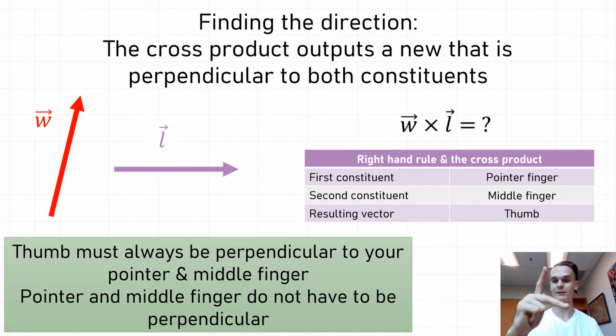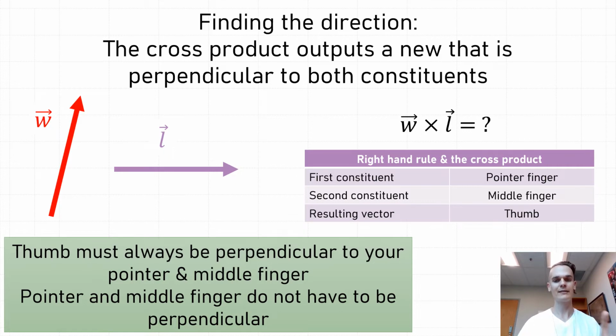We place our second constituent on our middle finger. So we place vector L on our middle finger. And the resulting vector, the output of our cross product, is going to go on our thumb. So the thumb direction indicates the direction of the vector outputted by the cross product.